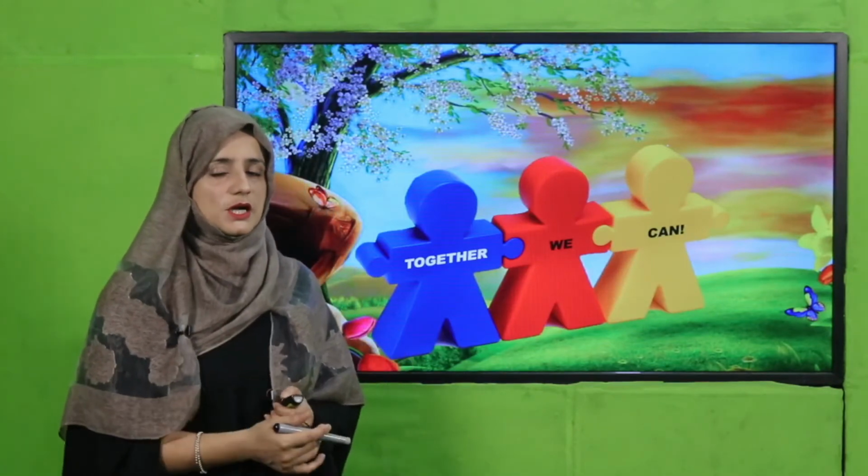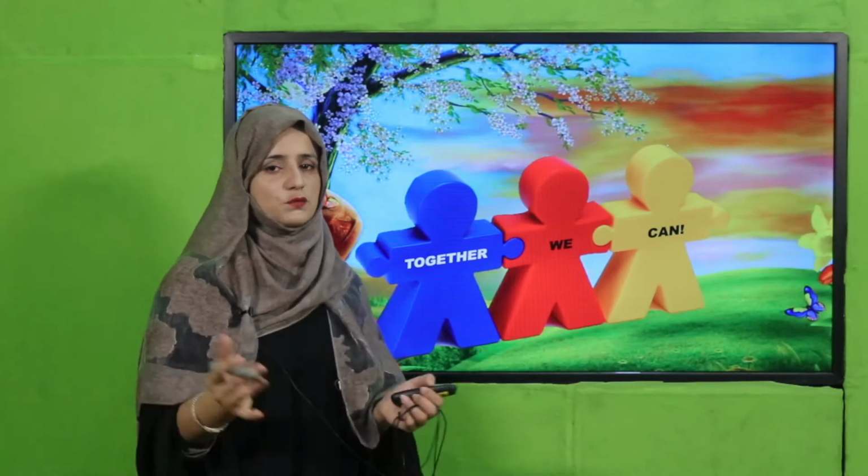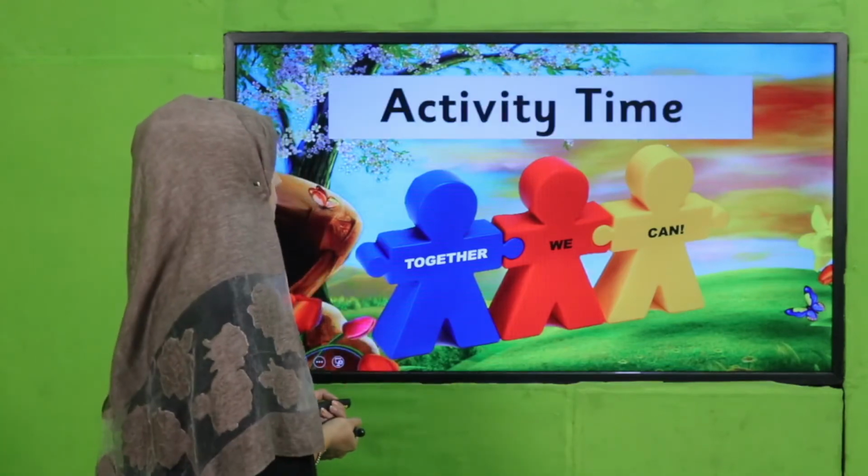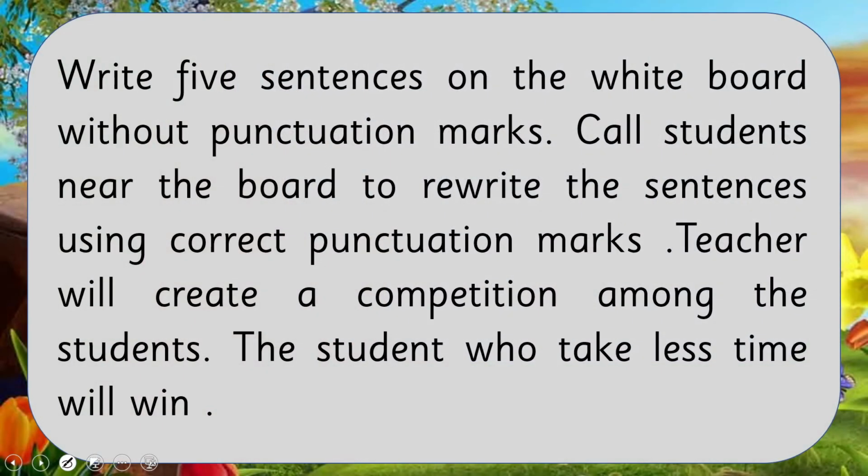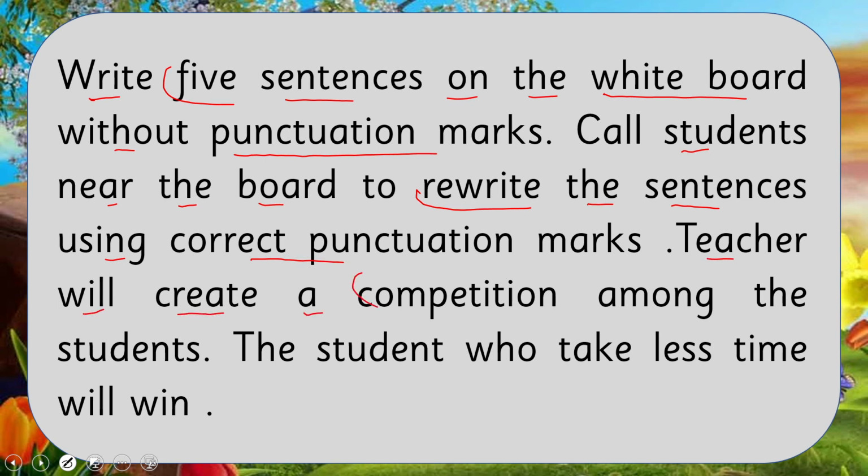Yes, my dear students. Now it's activity time. Now let's see how much we can learn through activity. Yes, my dear teachers, write 5 sentences on the whiteboard without punctuation marks. Call students near the board to rewrite the sentences using correct punctuation marks. Teacher will create a competition among the students.